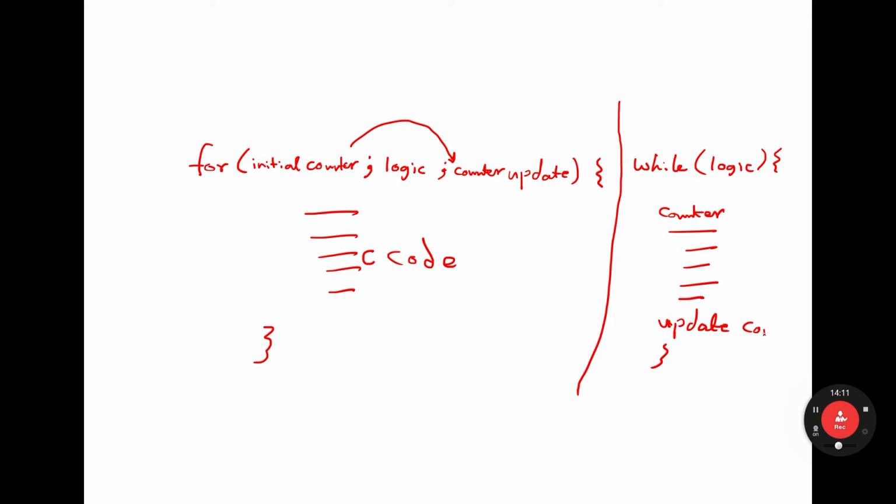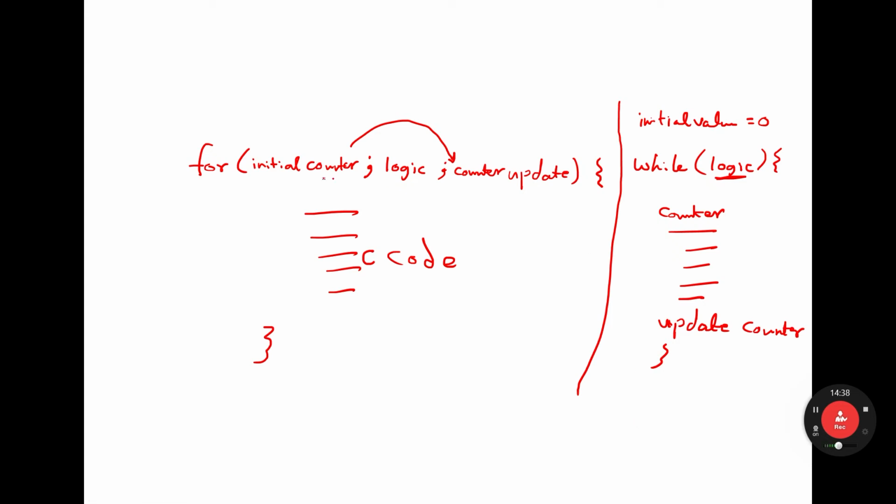The counter has an initial value before, equals 0, for example. When you check the logic, you check the counter. If it's true, then run this code again. If it's not true, then stop.